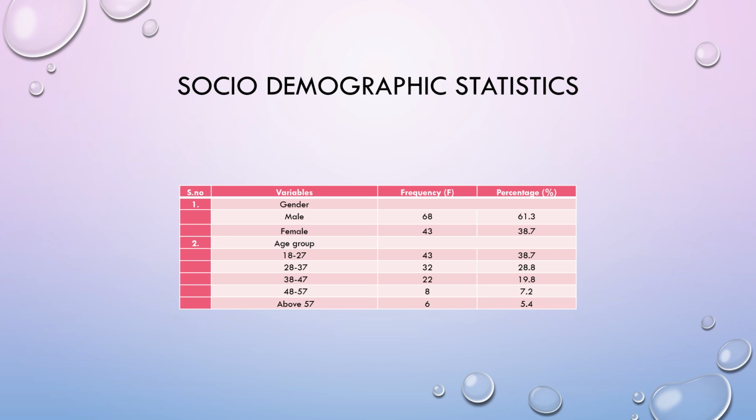The chart below, or the table below, shows social demographic statistics of the age group and the gender of the questionnaire issued out, the percentage of male and female, and the age bracket for our study.